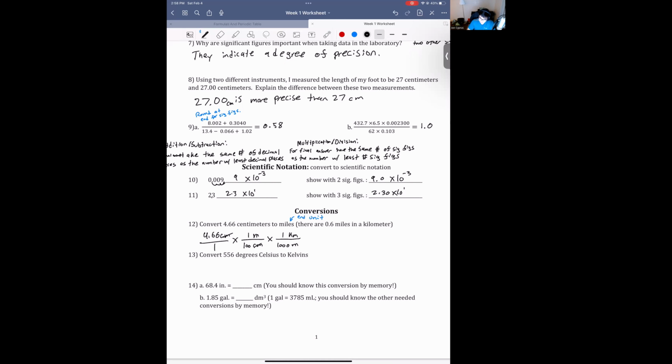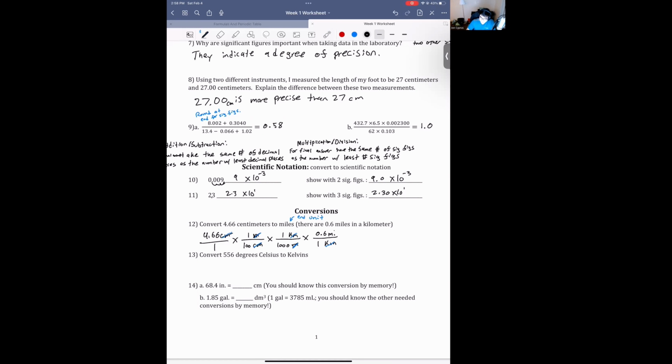It's the same thing mathematically. All right, we get those meters crossed out. And then we have to convert from kilometers to miles, right? There is 1 kilometer and there are 0.6 miles for every 1 kilometer. And those cross out.